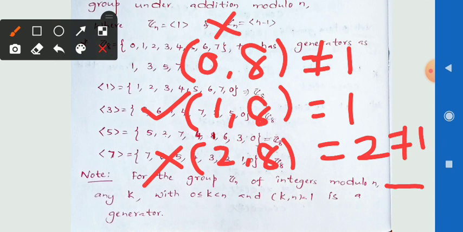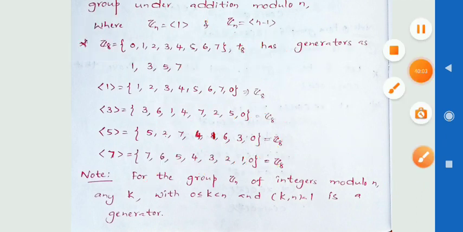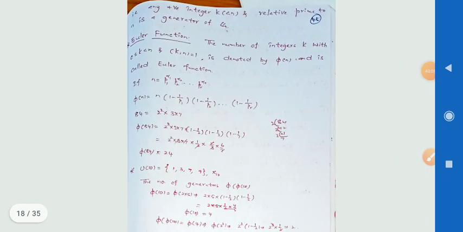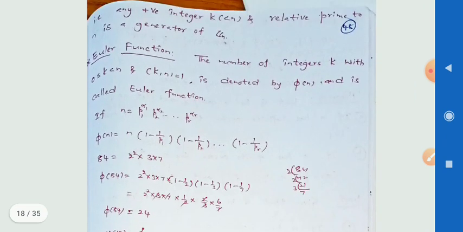If the GCD value of k comma n is equal to 1, we can conclude that k is a generator of the given group. This implies that any positive integer k less than n relatively prime to n is a generator of Zn.